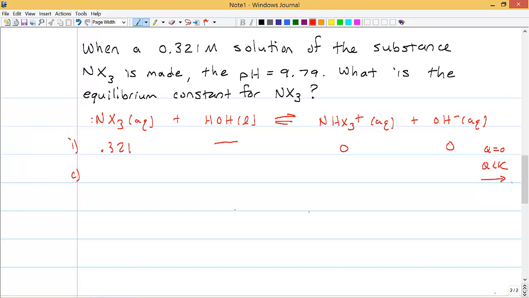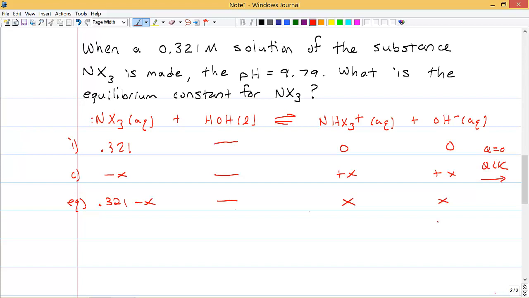There's no OH minus to react. So we're going to shift to the right. That means we're going to get a minus X here. Who cares? It's this water that's a liquid, and a plus X and a plus X. So when we're all said and done, when we reach equilibrium, it's 0.321 minus X. Who knows? Who cares? X and X.